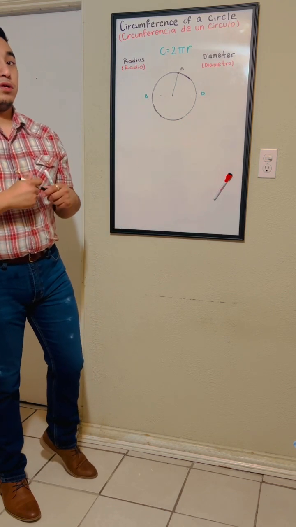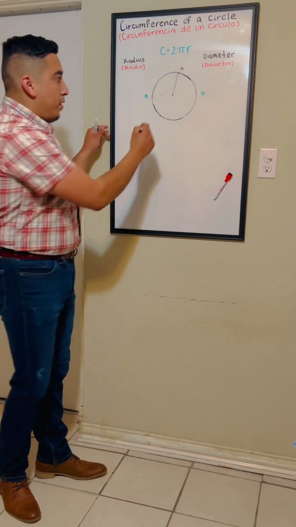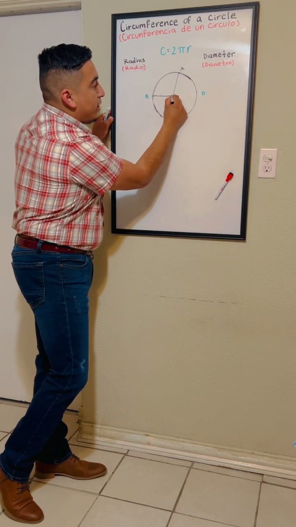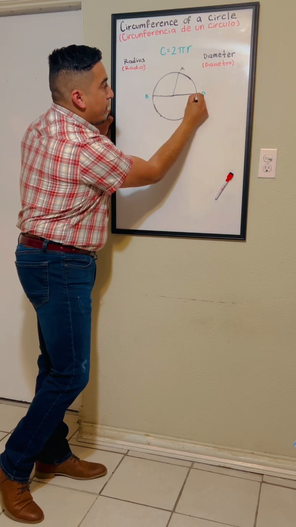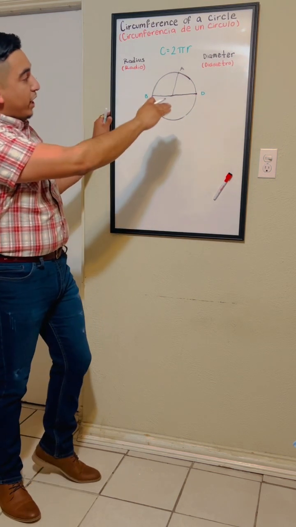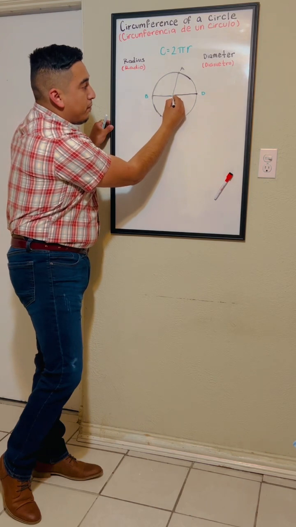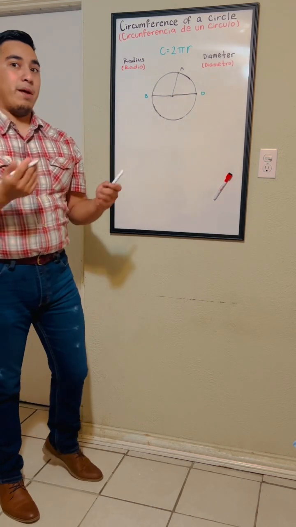That's going to be our diameter. So point B, going in through the center, going to point D. It's a straight line that passes through the center of the circle. That's our diameter.